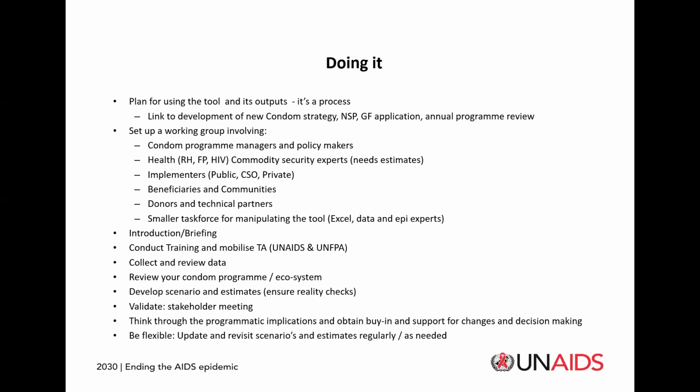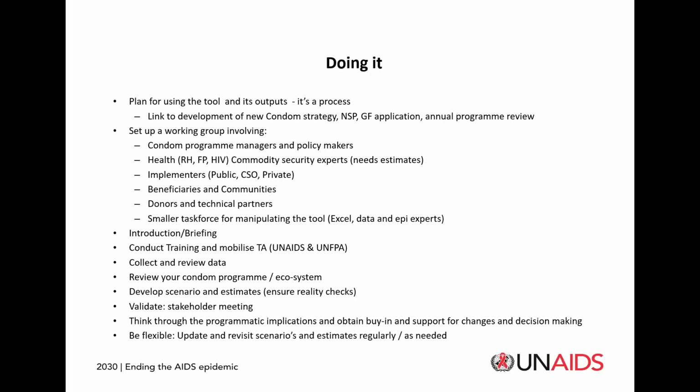You get into trouble when you start coming to the specific needs of specific populations and how you're going to program these condoms. It is important that you have a smaller task force who is responsible for manipulating the tool. So people with good skills, expertise in Excel, use of data, and epi experts.